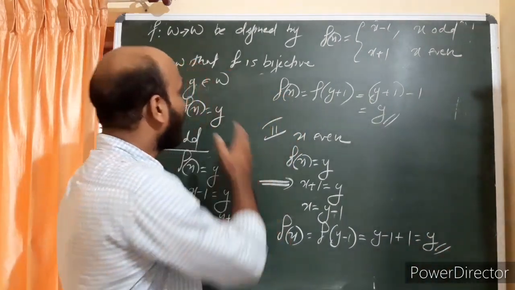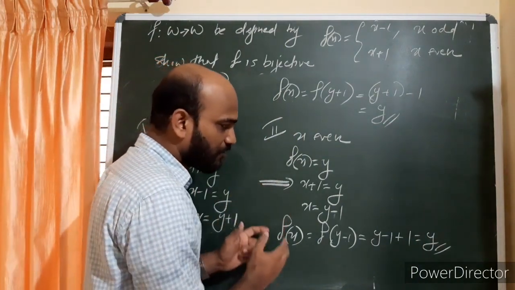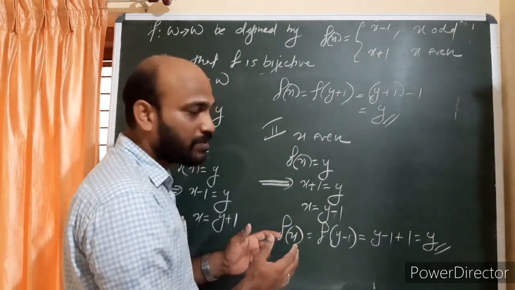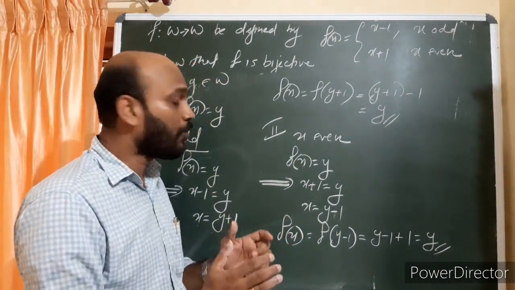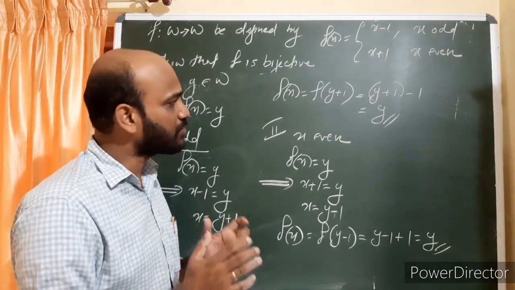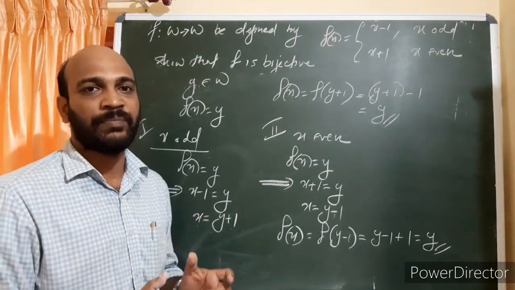So for every y belongs to W, here also we can find one x such that f of x equal to y. So case 2 also okay for onto. Therefore by case 1 and case 2, we can say that function is onto. So since it is 1-1 and onto, it is a bijective function.